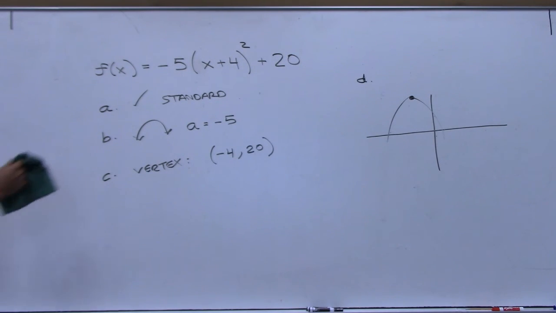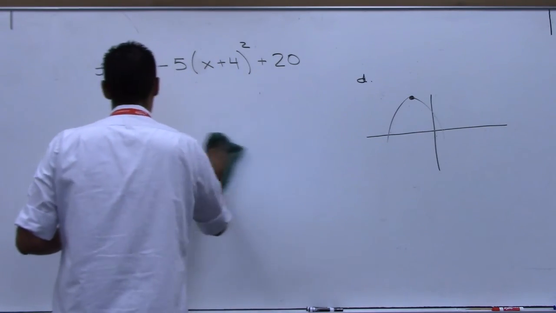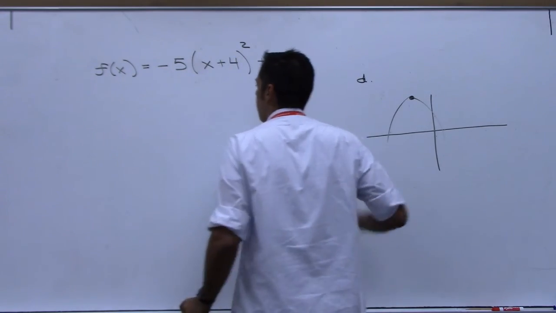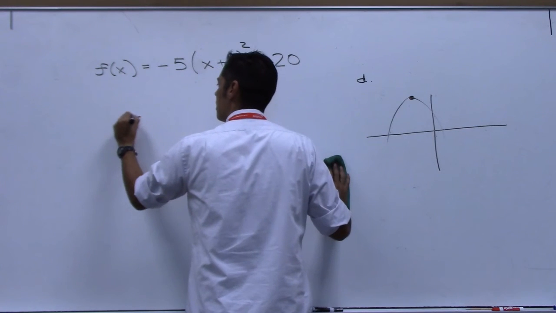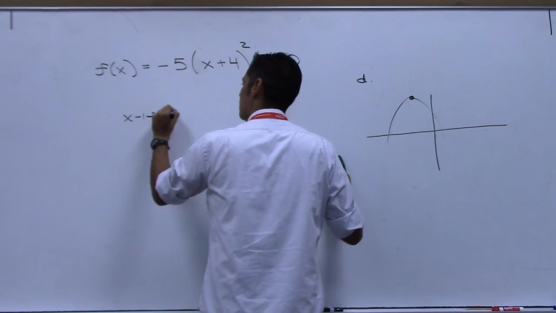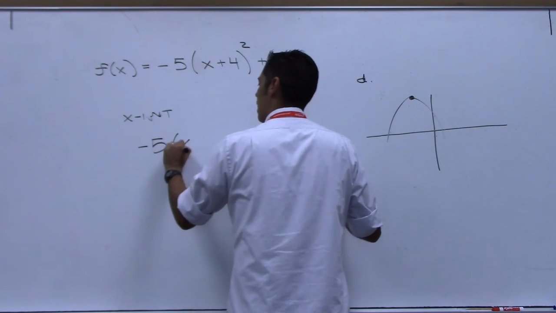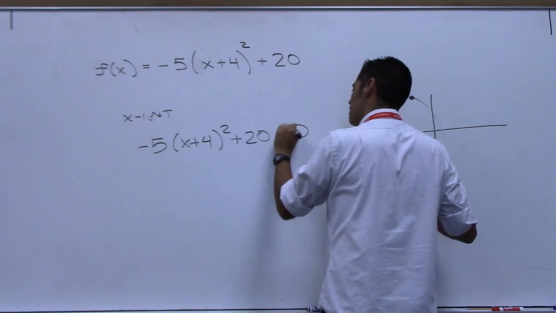When you look at this, it's actually not going to factor like the last one did. We got to do something else. So I'm taking -5(x + 4)^2 + 20 and setting it equal to 0.